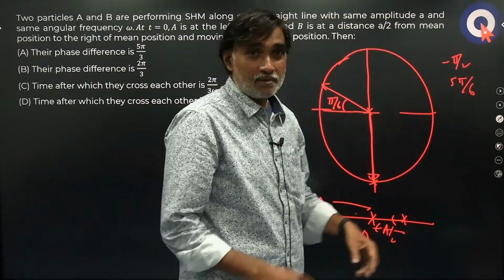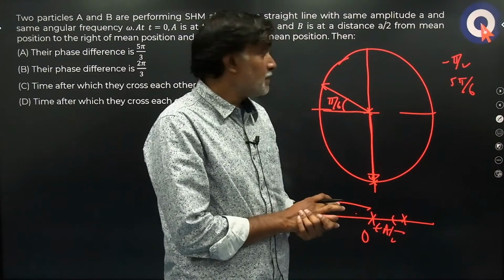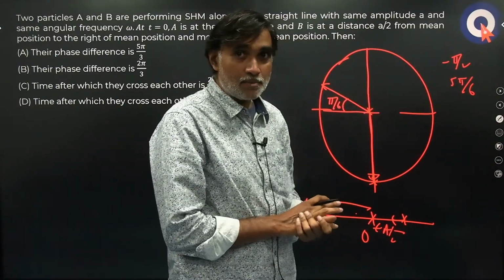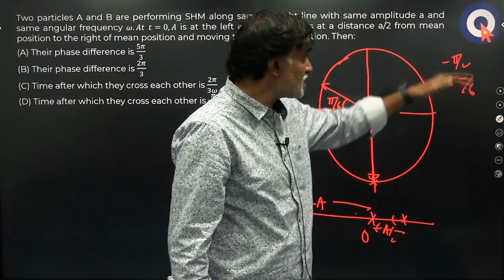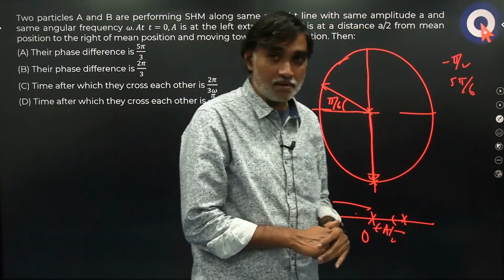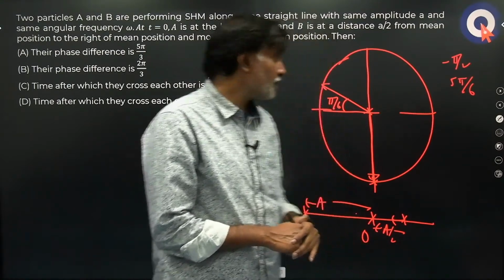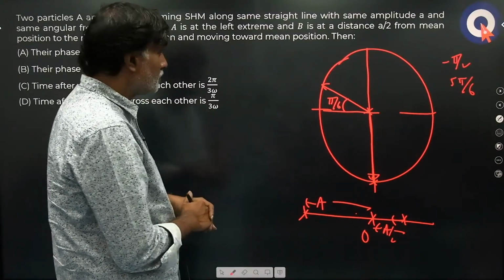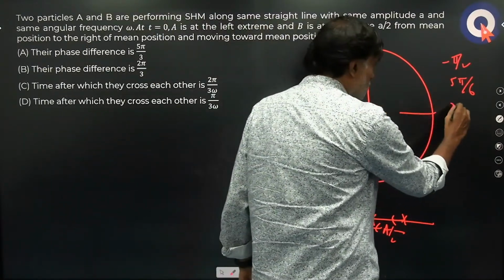You have to subtract actually, and subtract means it gets added. So 5 pi by 6 plus 3 pi by 6 means 8 pi by 6, that is 4 pi by 3, or 2 pi minus 4 pi by 3, like that also you can.